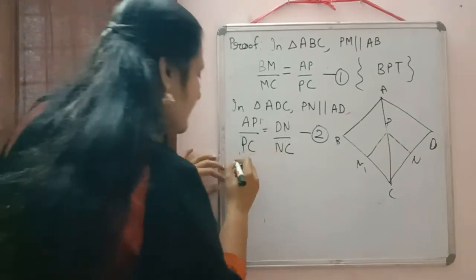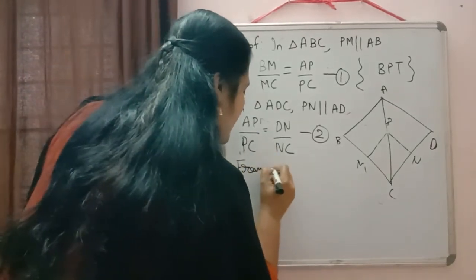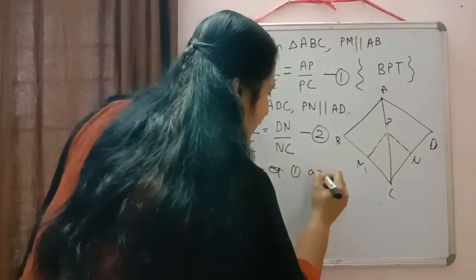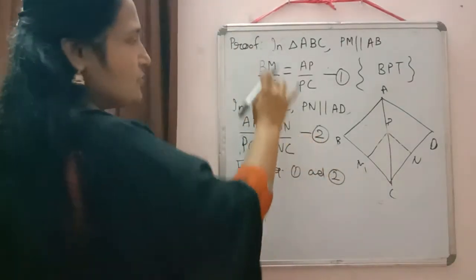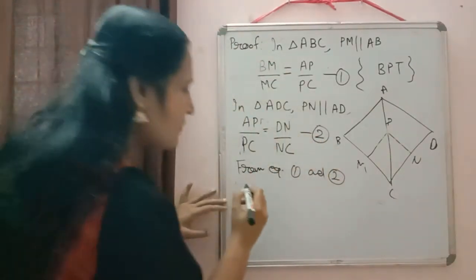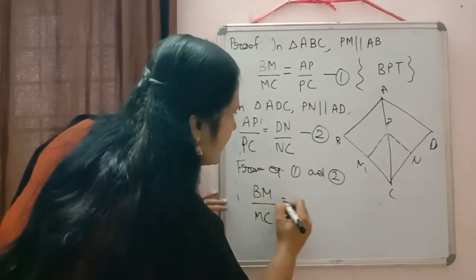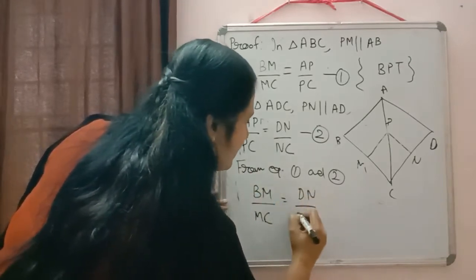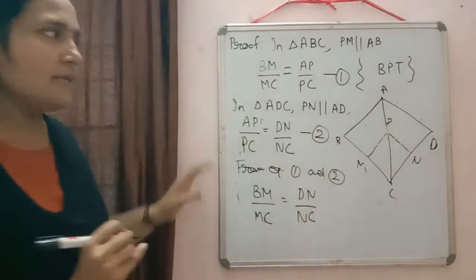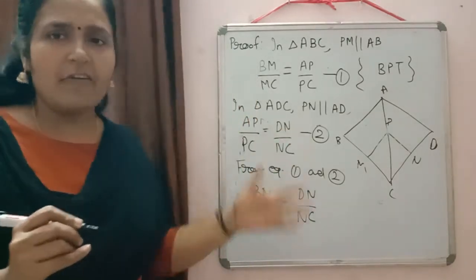Yes. From equation 1 and 2, we can say these two ratios are also equal. So we will write here BM by MC is equal to DN by NC. This one we got by application of BPT.